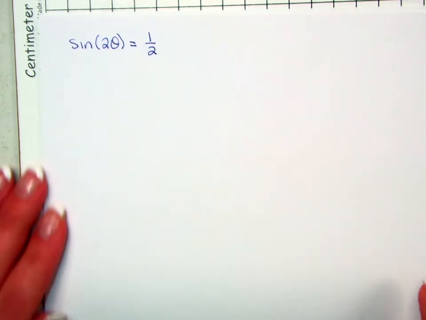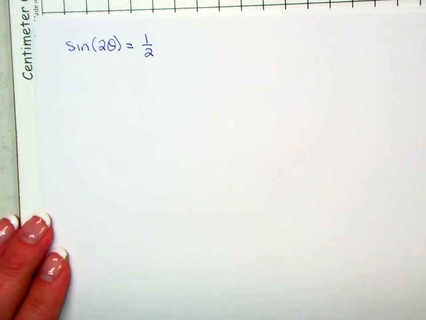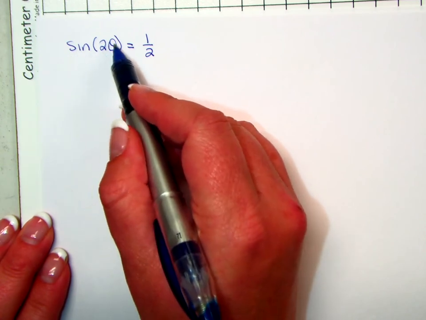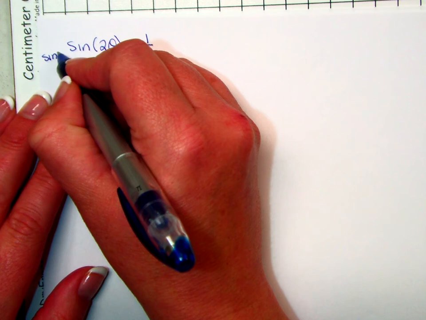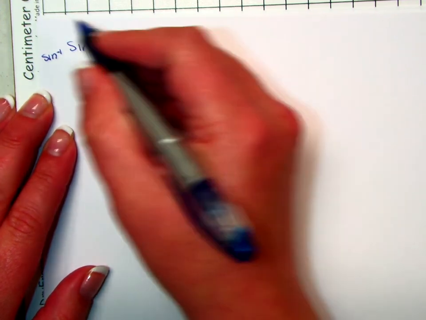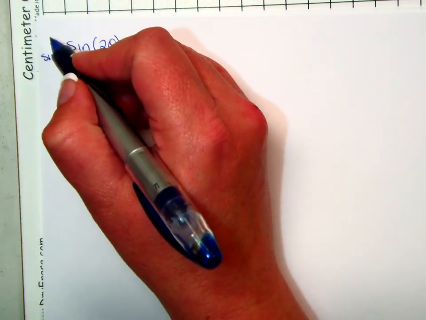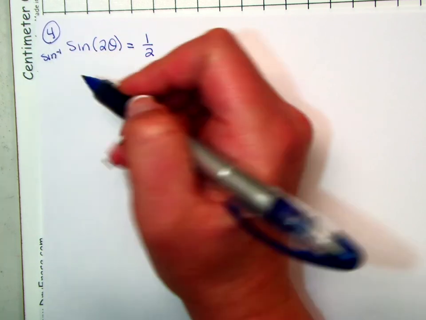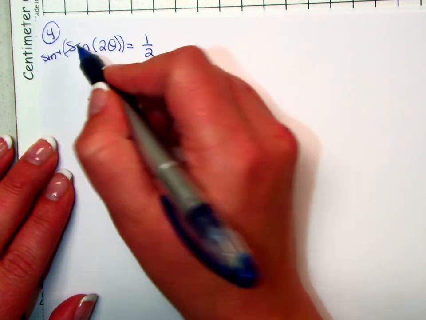All right, so if I wanted to solve this for theta, I could sine inverse both sides, and that'll cancel this sine, and that'll get this by itself, right? So I'm going to go ahead and sine inverse both sides. This is number 4. Okay. So sine inverse here. It's going to get those to cancel.